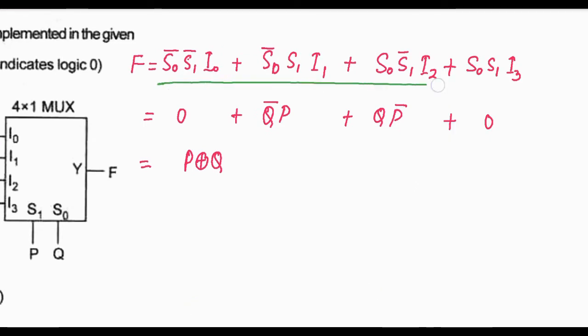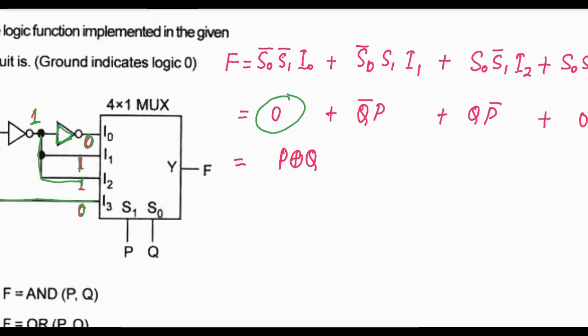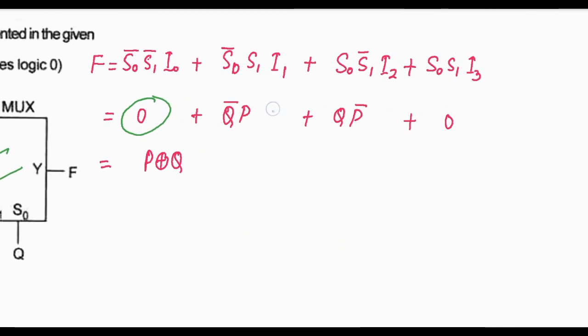This is the 4x1 mux output function: S0 bar S1 bar I0, plus S0 bar S1 I1, plus S0 S1 bar I2, and like this. So now if I put the I0, I1, I2 and I3 values, this will be 0 because this one is 0, and this is 1 and this is 1, and again this is 0.